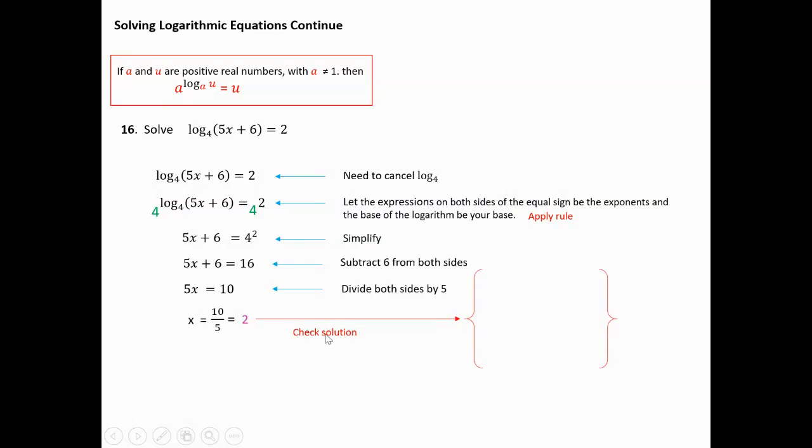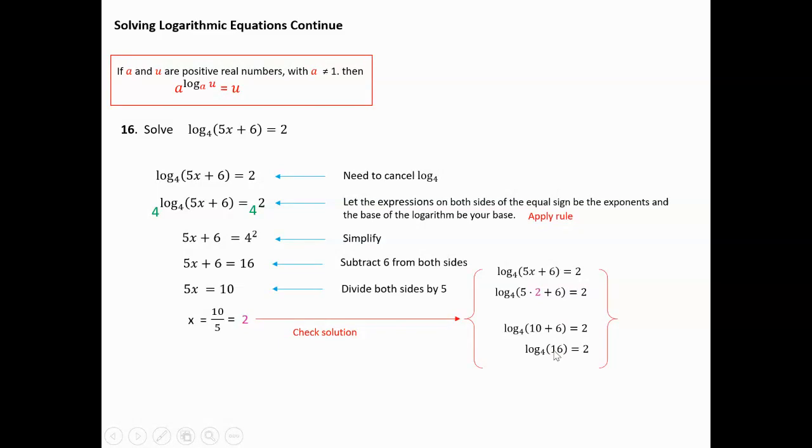And again, you can always check the solution. So I'm going to plug in 2 for the x, because x equals 2. So we have 5 times 2 plus 6, which is 16, so that will give us a log of base 4 of 16. And if you use a change of base of log base 4 of 16, it's going to give you 2.